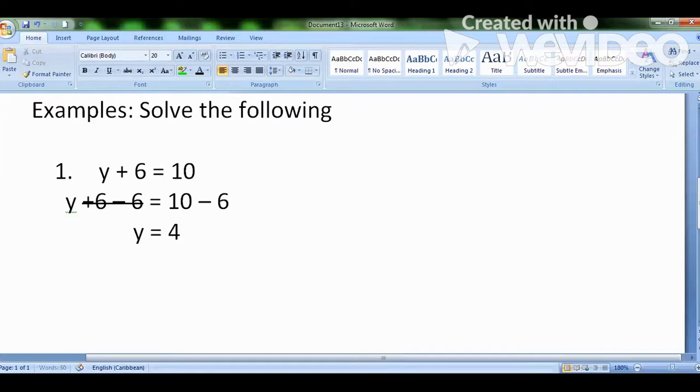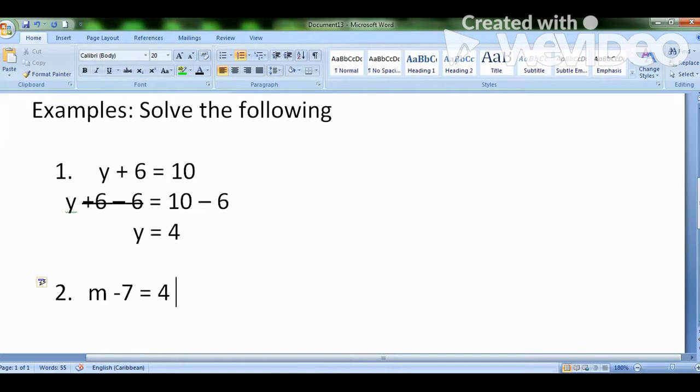So let us look at example number 2. m minus 7 equals 4, not true?